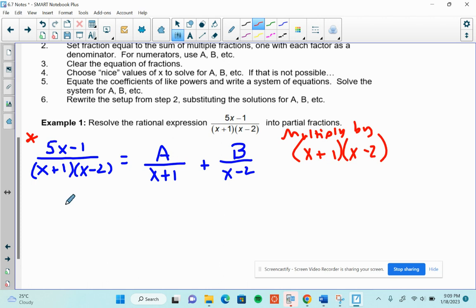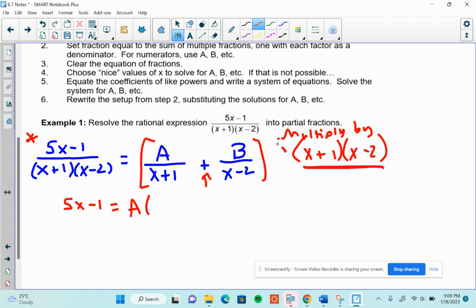So if I multiply the left-hand side, I just have the numerator. When I multiply the right-hand side, because of this plus sign in the middle, I have to distribute this factor or these factors to both fractions. So the first time I just multiply this. So it's like I have this, okay?